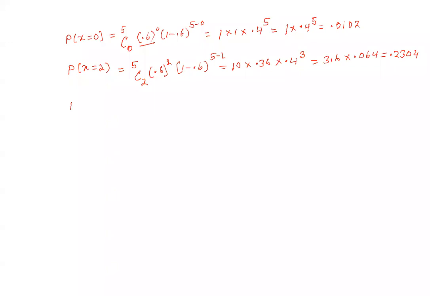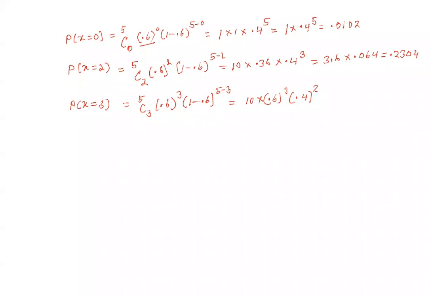So probability of X is equal to 3 is going to be 5C3 times 0.6 to the power 3 times 1 minus 0.6 to the power 5 minus 3. 5C3 is 10, you can check it, times 0.6 to the power 3, which is going to be 0.216, by the way, times 0.4 to the power 5 minus 3, which is 2.